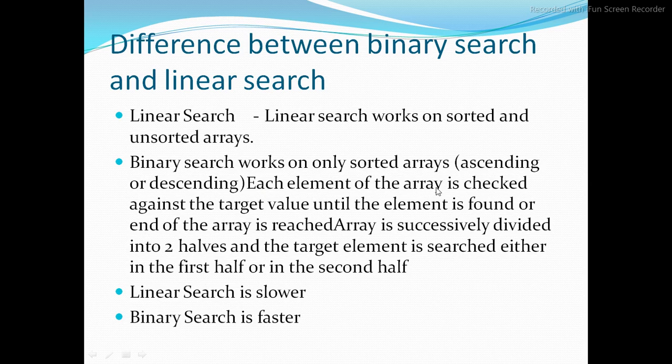In linear search, each element of the array is checked against the target value until the element is found or the end of the array is reached. In binary search, the array is successively divided into two halves and the target element is searched in either the first half or the second half. That is the concept of binary search.